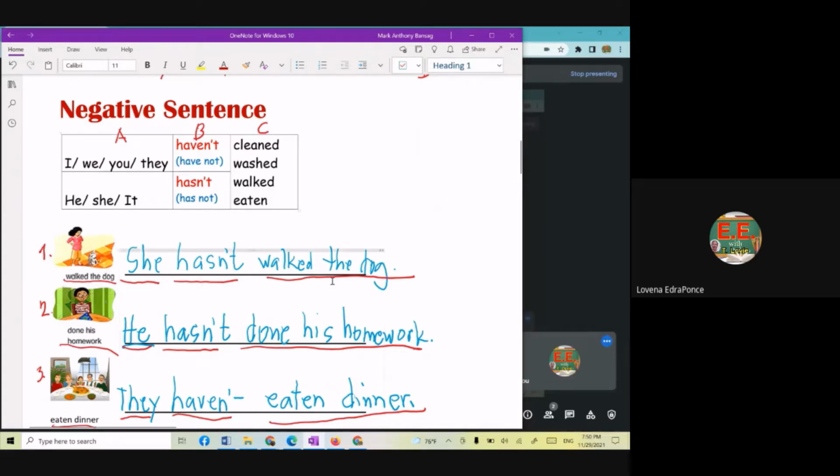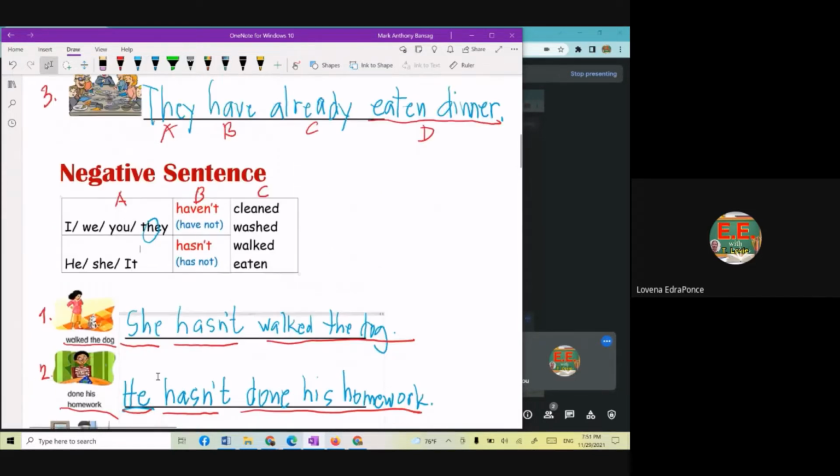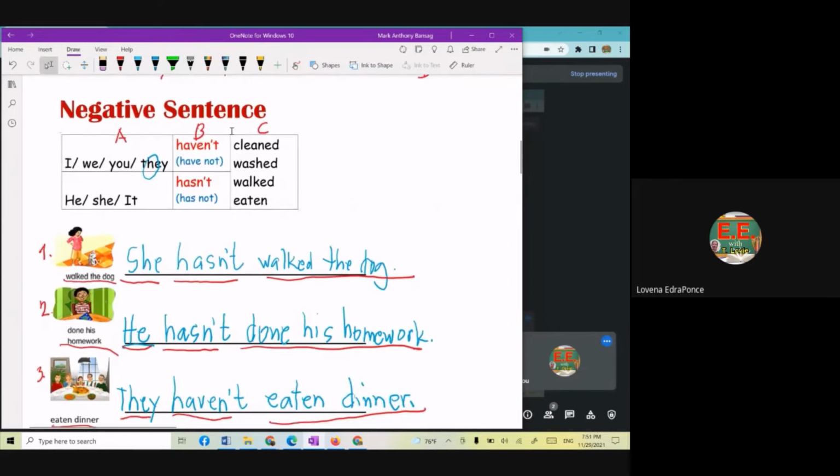Action, walk the dog. This one is he. He hasn't done his homework. And this one is plural. So they, and that one is haven't. So they haven't eaten dinner.